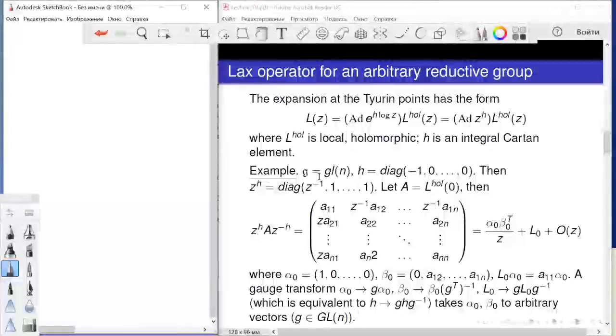So we consider the full linear algebra, and we take H, a diagonal matrix with the elements -1, 0, 0, and so on on the diagonal. So H looks as follows: -1, 0, and so on, 0, 0, 0.